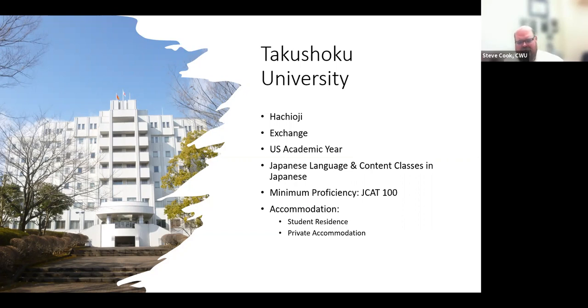The minimum proficiency level is equivalent to the 100 on the J-CAT, which is an alternate Japanese language proficiency test. And the accommodation here is a student residence or private accommodation. Most of the students who have gone to any of our Japanese partners have opted for the student residences.